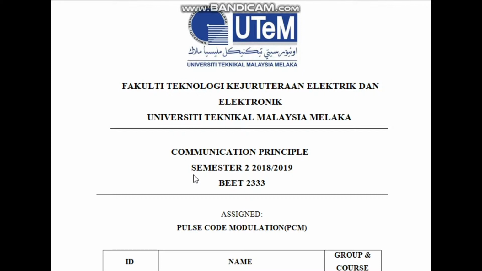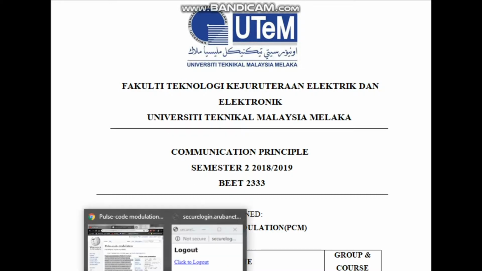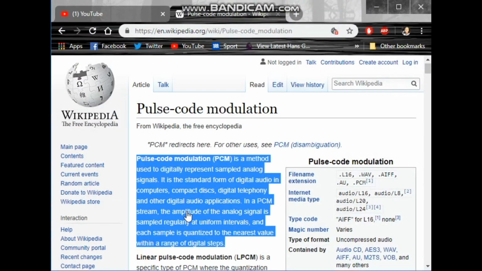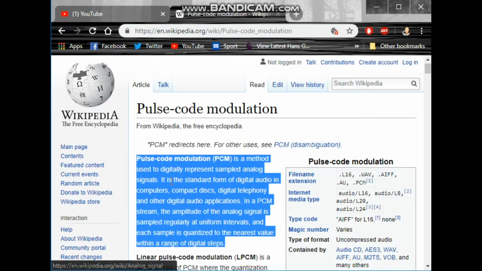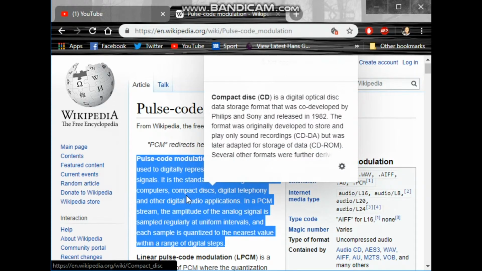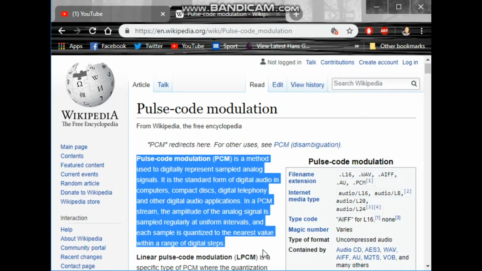So what is PCM? Based on Wikipedia, PCM is a method used to digitally represent sampled analog signals. It is the standard form of digital audio in computers, compact disc, digital telephony, and other digital audio applications.